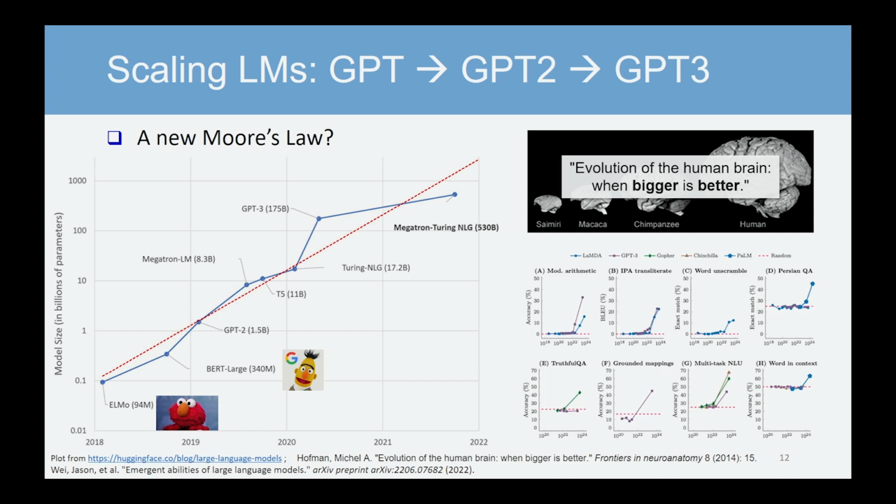The researchers try to examine the capability of these language models on different tasks. And you can see here, there are a few curves that look like this. It's almost flat in the beginning, and that level is similar to a random guess on these questions. And suddenly, when the model size, the x-axis, passes a threshold, you can see there's a dramatic growth in the capability of the model.